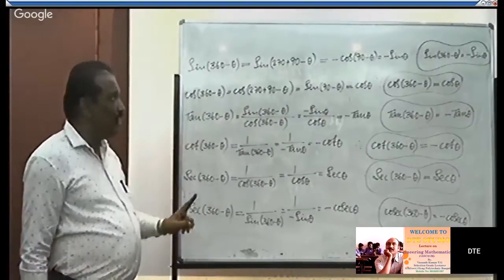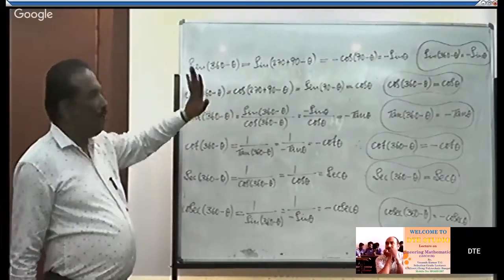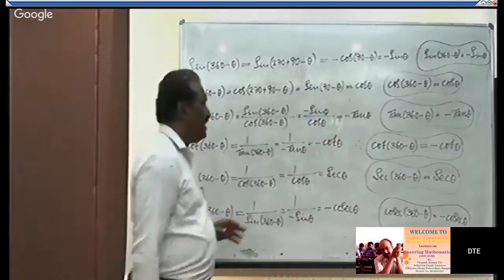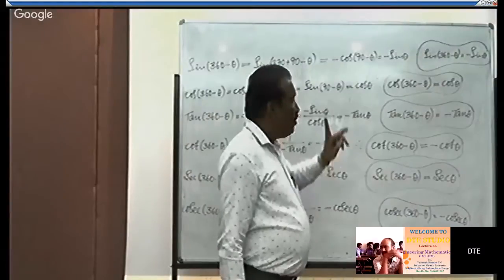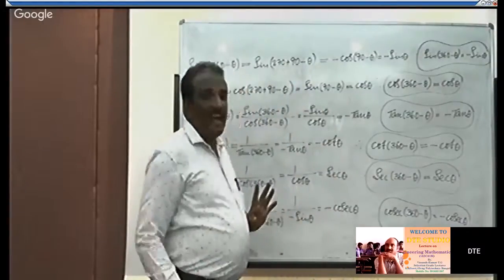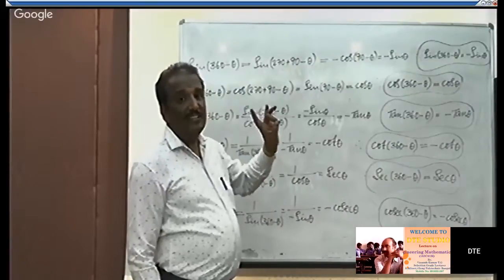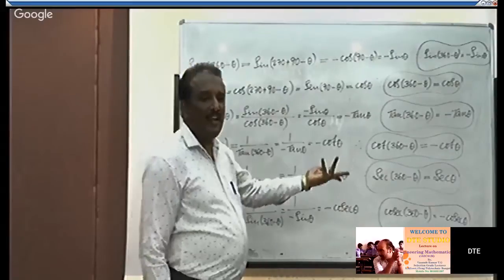In this way, 360 minus theta are allied to theta when they are connected to the trigonometric functions. Once again, you can check the results using the ASTC rule. As we all know, 360 minus theta is an angle coming under the 4th quadrant. In the 4th quadrant, only cos and its reciprocal will take a positive sign, the rest will take a negative sign.